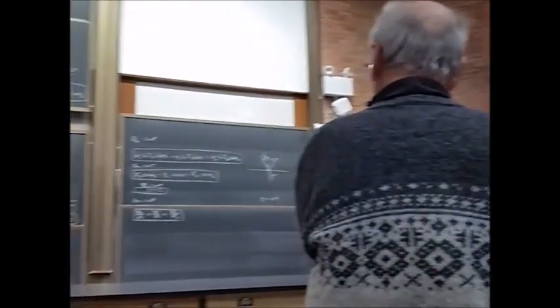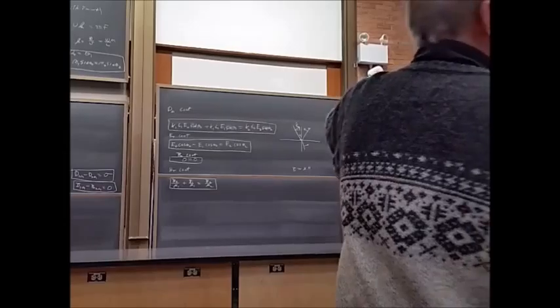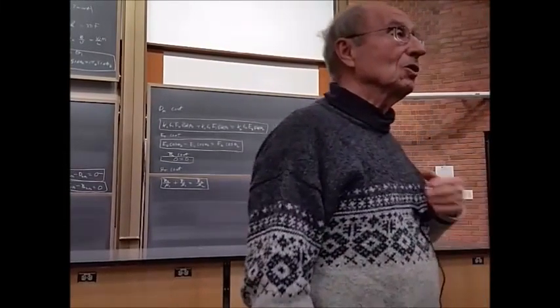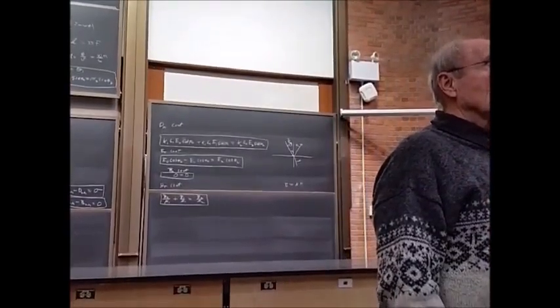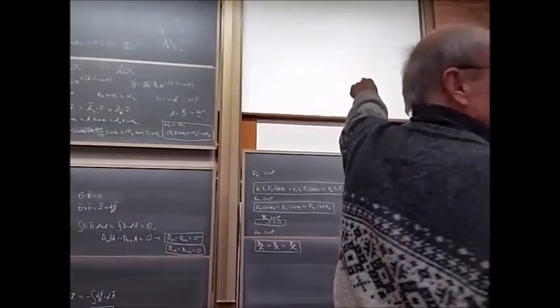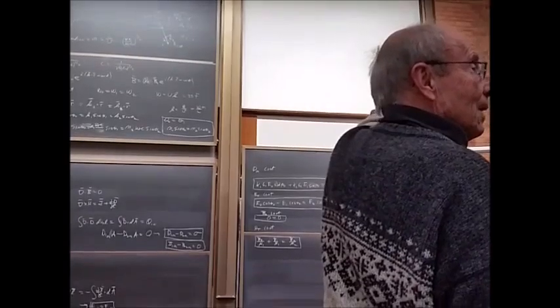Yes? On that B naught, it's mu1 so far. Now I'm going to make them all mu0. Most materials have mu essentially equal to mu0, unless they're ferromagnetic. But it is mu1 because that was the conditions we made. Mu1 epsilon 1 in the top, mu2 epsilon 2 in the bottom.